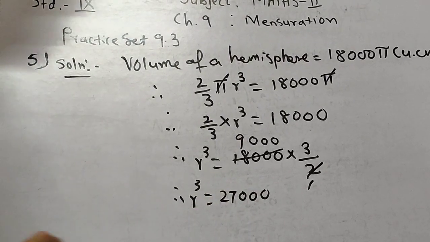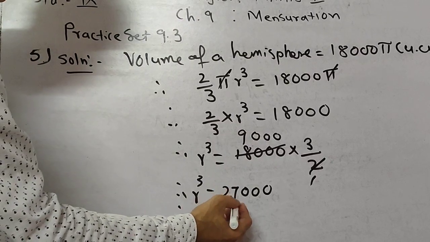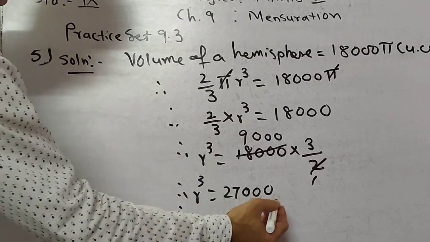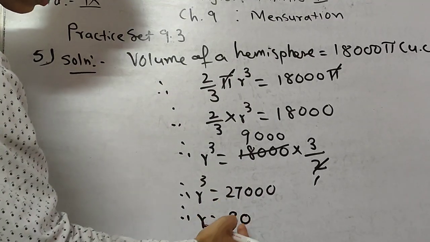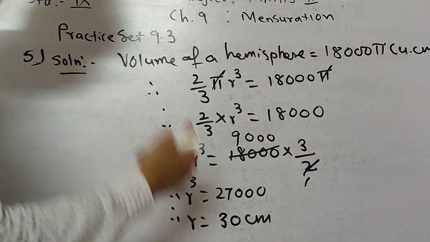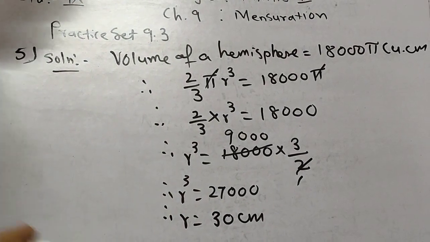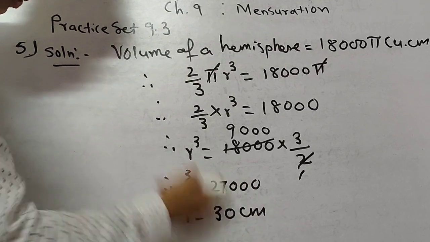R cube is 27,000, and therefore R is equal to 30 centimeter. Taking cube root, the cube root of 27 is 3, and out of this 30 you will select 10.